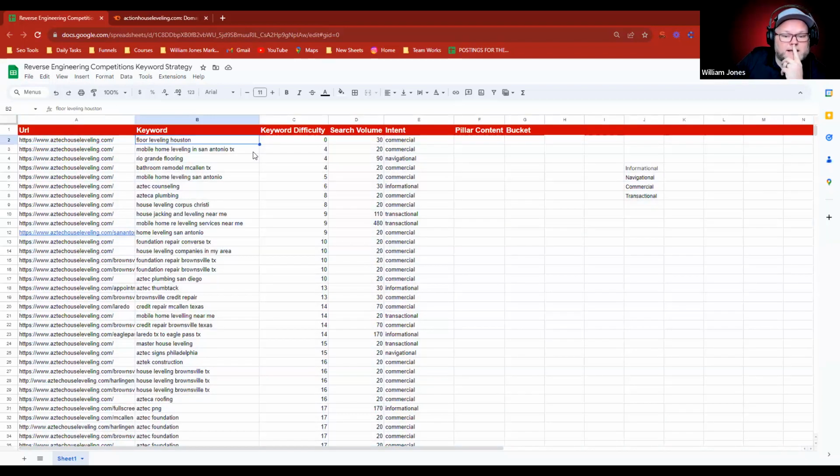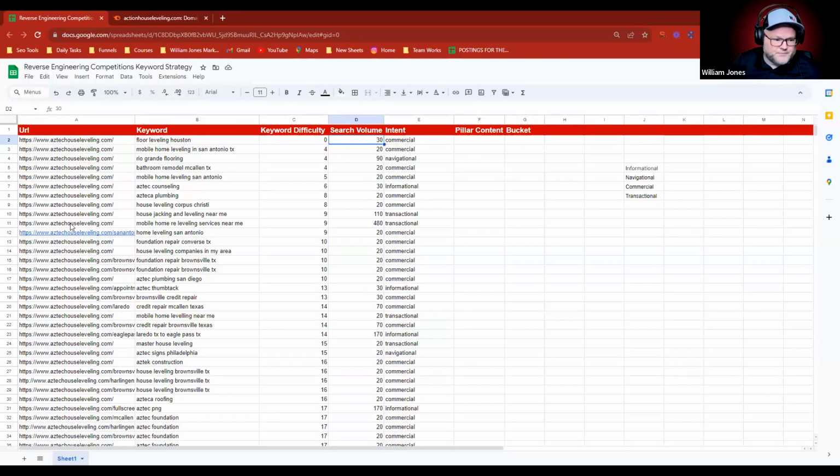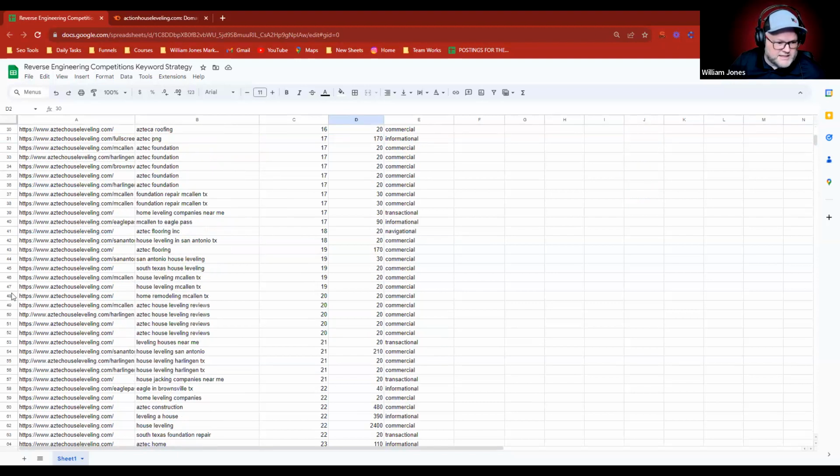This one's not a difficult keyword. But your search volume, and this is where people will go, for example, well, it only gets 20 or 30 search volume. Well, if I have 30 search volume times, let's just say 30, let's pull all these up. If I was ranked on just the 50, let's go down here. Just take these 50.